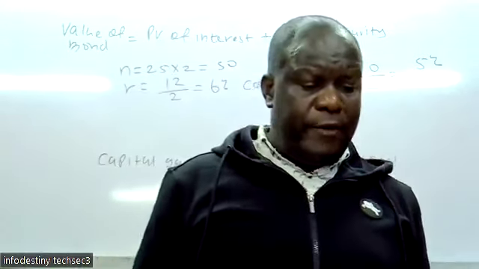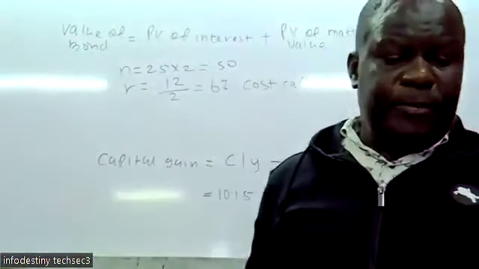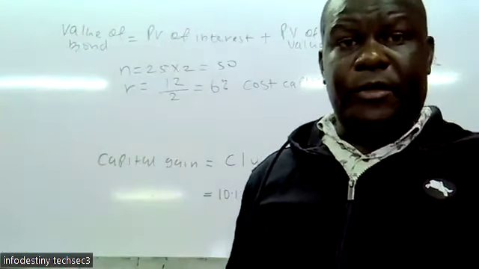So we start off with the Roman letter 1, which is supposed to be yield to maturity.